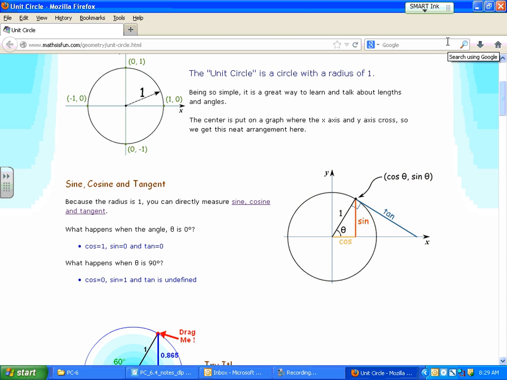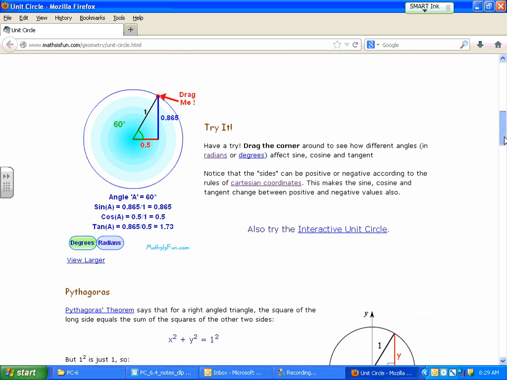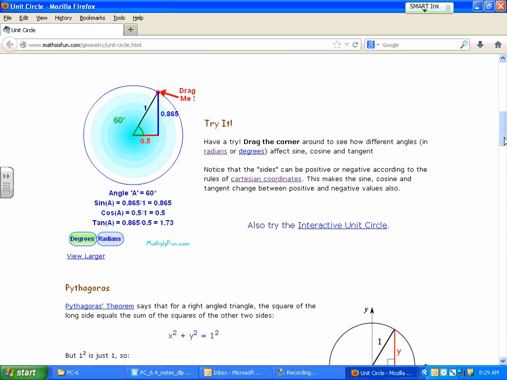But what I wanted to show you was this idea of this triangle. Here we're going to drag this point around, and you're going to notice 3 things changing. The red number is your x value, the blue number is your y value, and then you have your degree, the yellow, greenish looking thing.